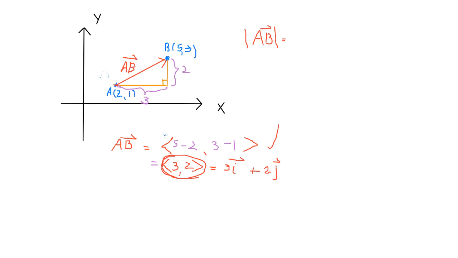Being that we have a right triangle here, if I want the length of the hypotenuse vector, Pythagorean theorem. So all we need to do is square the x component, square the y component, add them together, and take the square root.